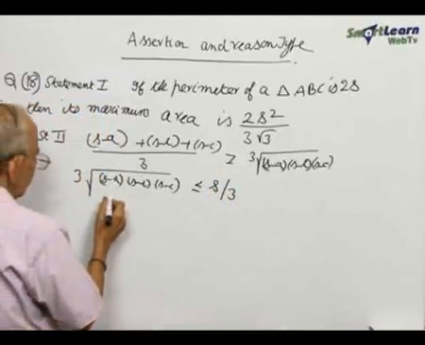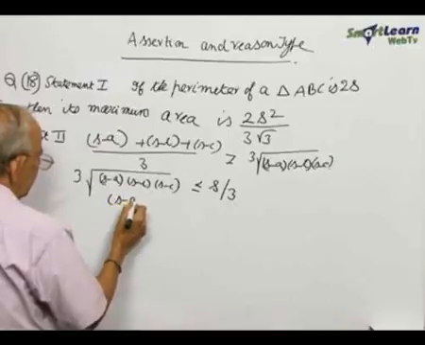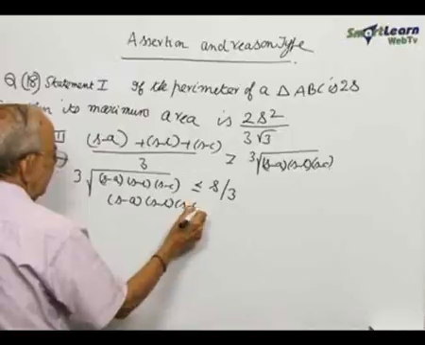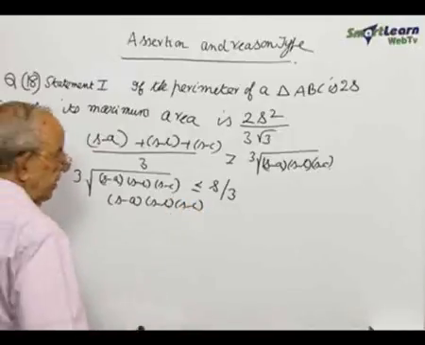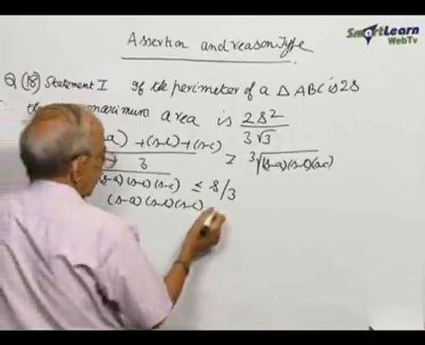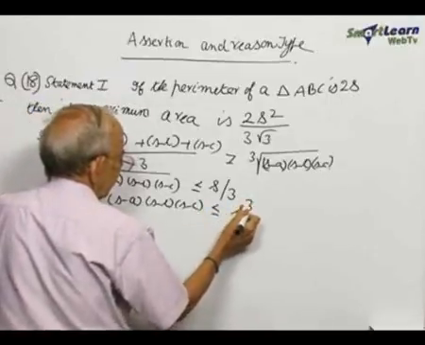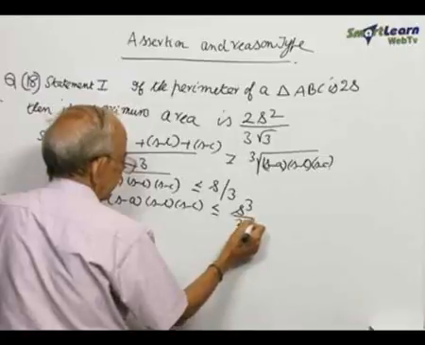Remove the cube root. So, (s minus a) into (s minus b) into (s minus c) less than or equal to s cubed by 27.